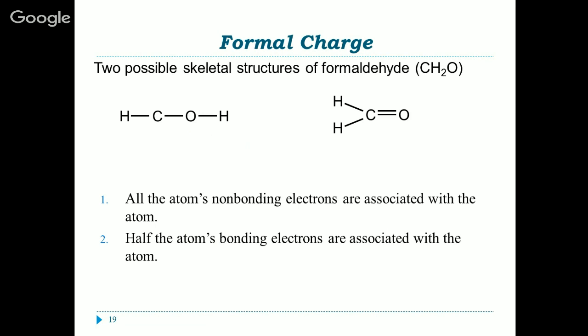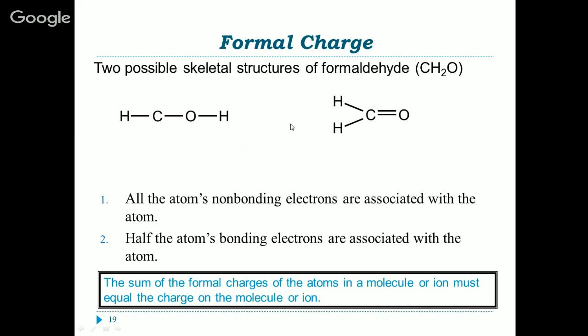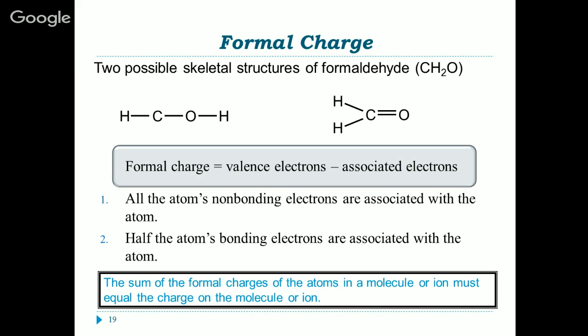Okay, so when there's a possibility of drawing more than one structure for a given formula, how do we figure out which structure is the better structure? Well, we have the calculation of formal charge, and that allows us to look at the number of valence electrons versus the associated electrons. So however many electrons you start with, right?